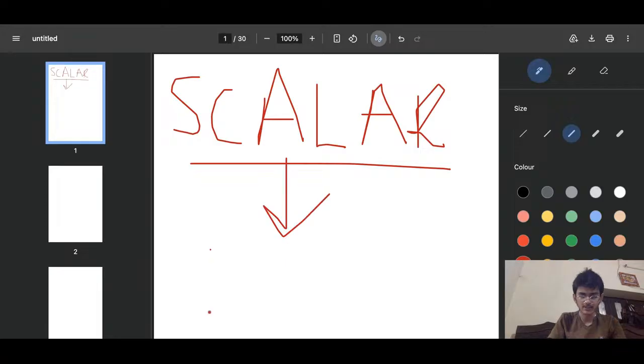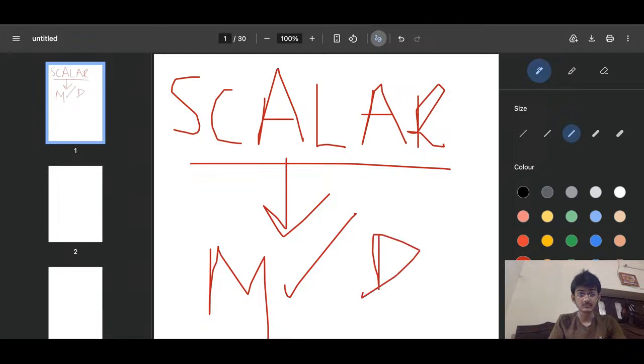So it has magnitude, which I'm writing by m. Magnitude is the very essential component, necessary and sufficient. To say a physical quantity is scalar, it must have a magnitude. That's a compulsion. Magnitude can be any value, but it must be there.